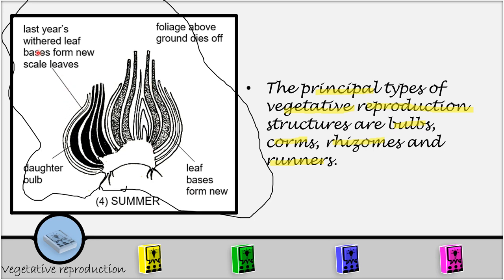And then here we have last year's withered leaf bases forming new scales. These ones outside are forming the scales, and this is a daughter bulb, and this one is the main bulb. Now these bulbs are one of the principal types of vegetative reproduction.